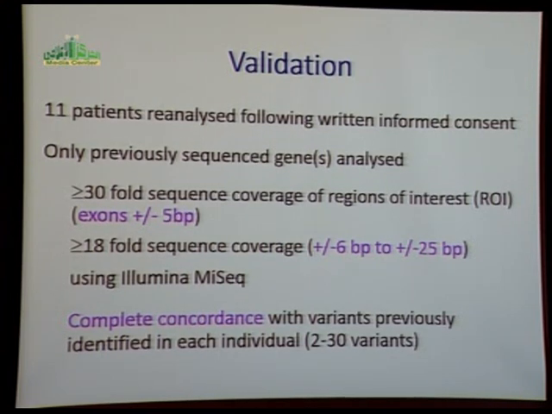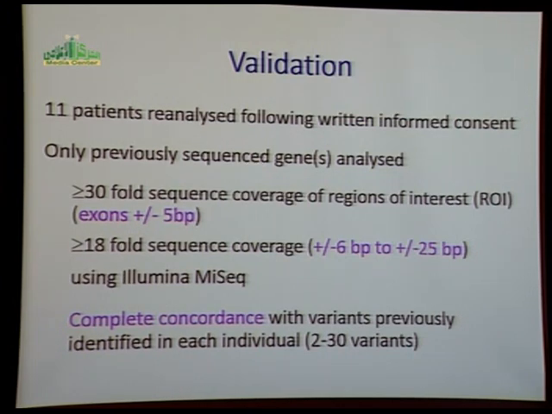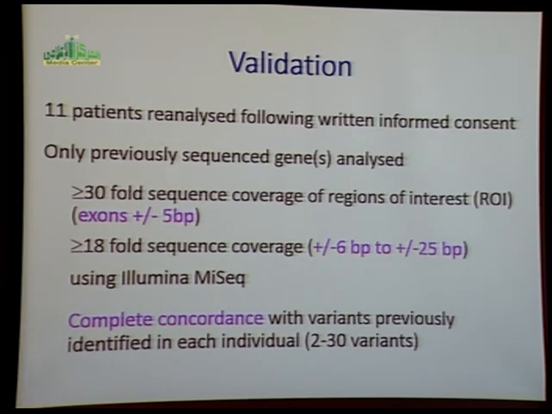Our criteria for having full coverage were that we had 30-fold sequence coverage for our regions of interest, which were the exons plus or minus 5 base pairs, and then 18-fold coverage at least for the flanking intronic sequence out to 25 base pairs. And we had complete concordance of the variants previously identified in those individuals, which were between 2 and 30 variants per individual, with the 30 variants being in von Willebrand factor.